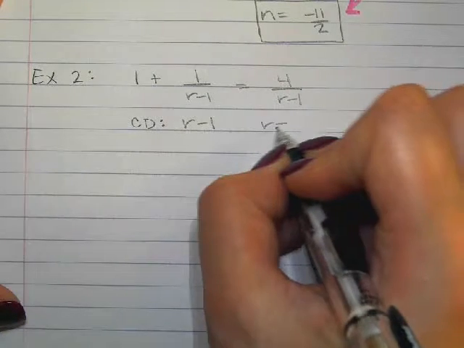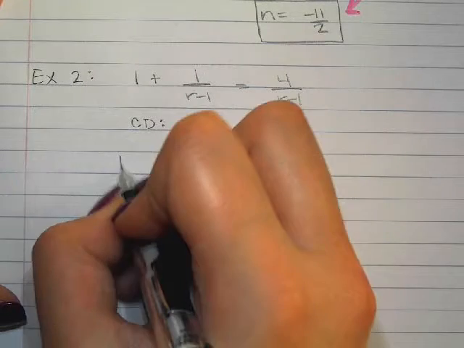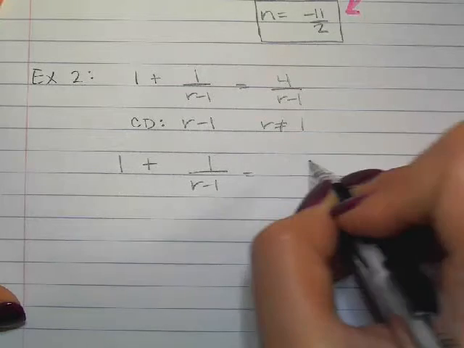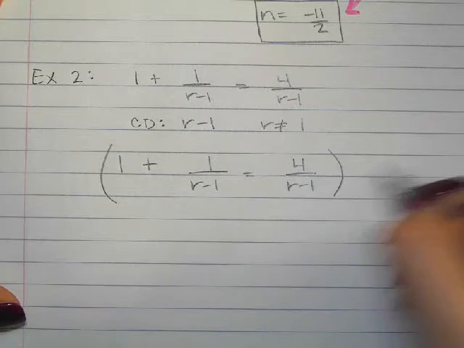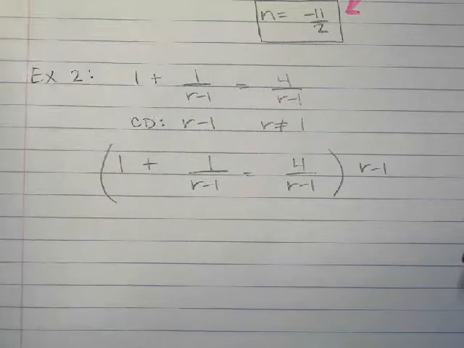And r cannot equal 1. So we're going to take the entire equation and multiply it by what? R minus 1. Okay.